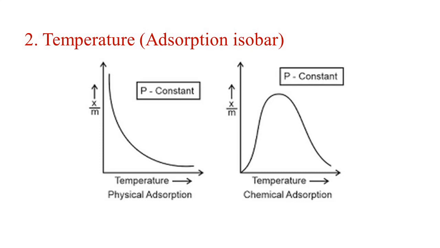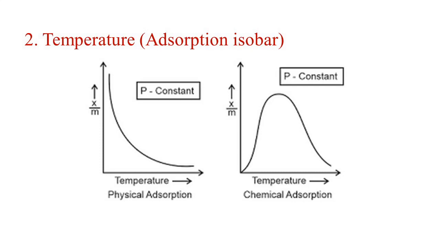So as we increase the temperature, what happens? The extent of adsorption decreases. Why? Because in the case of physical adsorption, no activation energy is required. So on increasing the temperature, desorption will occur. That is, the adsorbed molecule will easily escape from the surface of adsorbent.